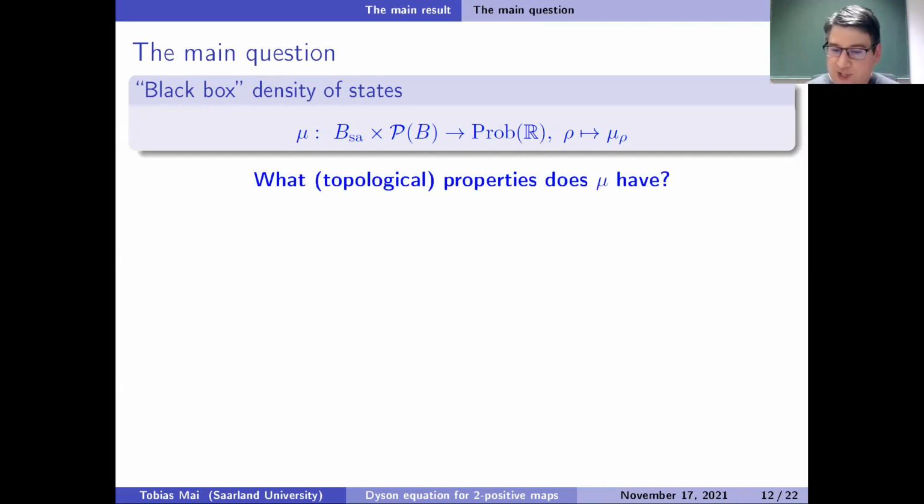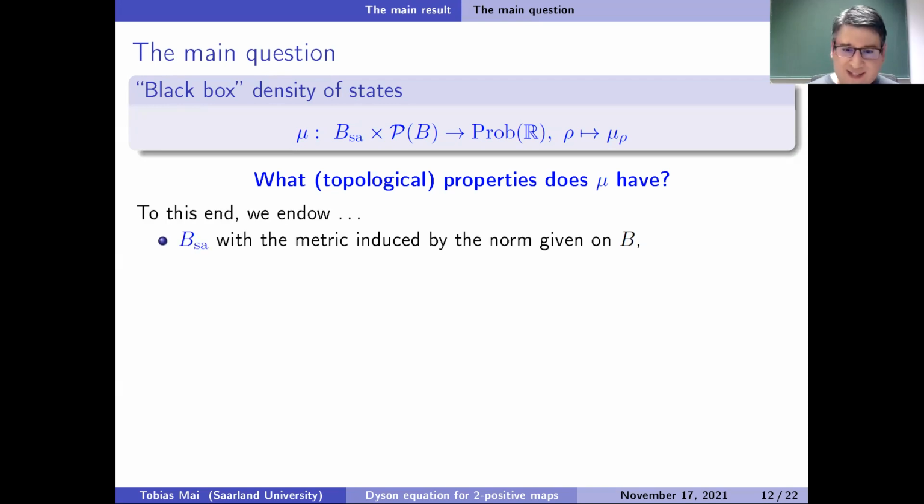We basically know how this construction goes. So we know how to construct the mu rho, but it involves certain non-trivial steps. And the question is, can we have sufficiently good control on all these steps such that we can understand the topological properties that the mu has?